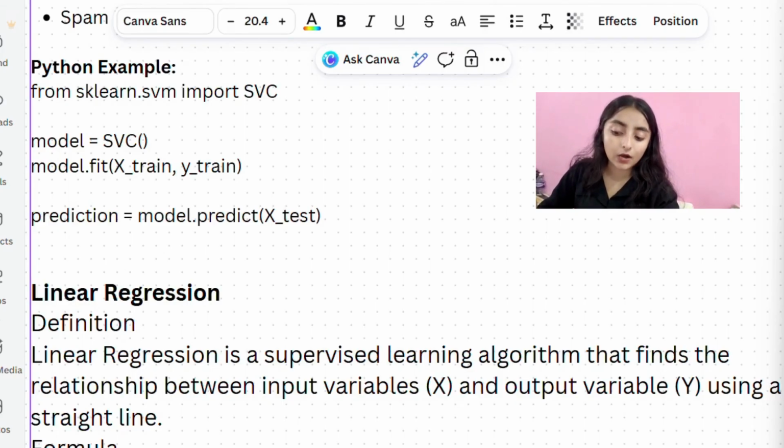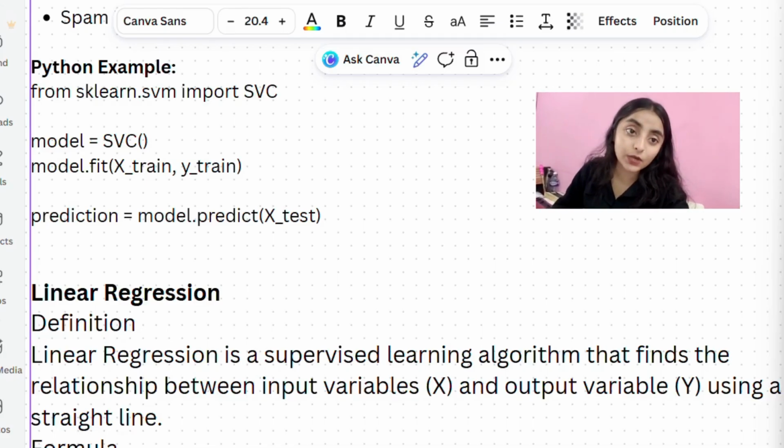Understanding linear regression is very useful and essential for understanding machine learning algorithms, because all the other algorithms are built on the concepts of linear regression. If you learn linear regression, the rest will be easy, so always try to understand it.